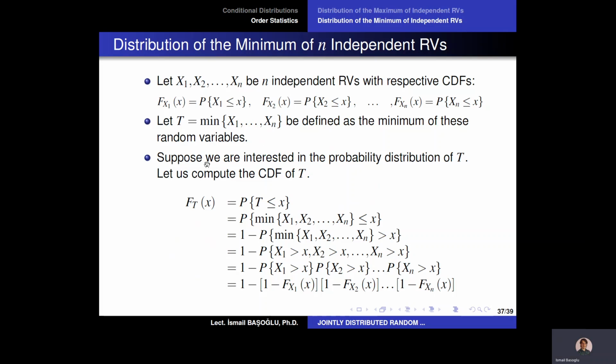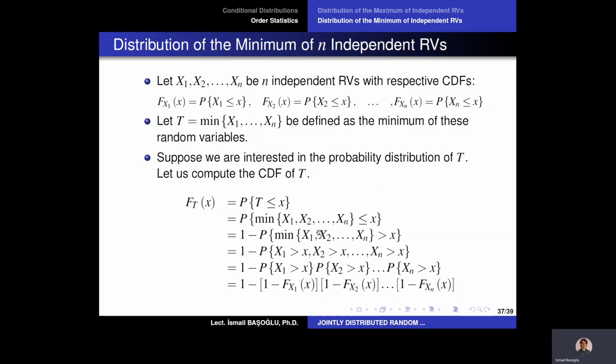So this time we are interested in the distribution of T, which is defined as the minimum of multiple independent random variables, and the cumulative distribution function of T is the probability of T being less than or equal to x. And we replace T with the minimum of X1, X2, up to Xn.